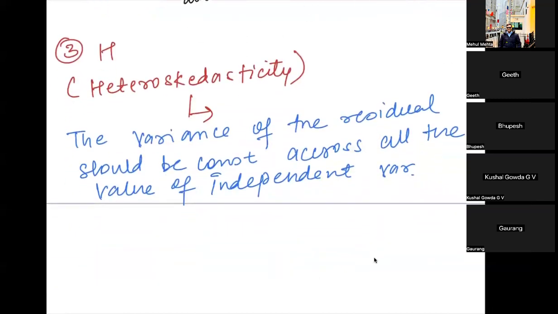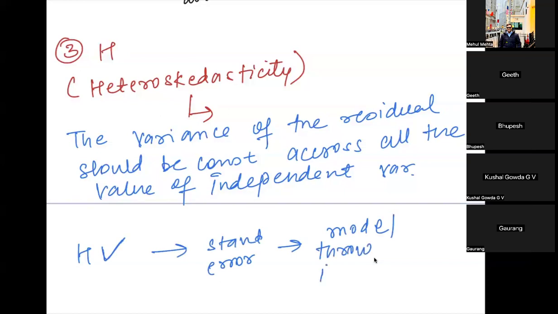See, if heteroscedasticity is present in your linear regression model, it will impact your standard errors. And if your standard errors get impacted, the model will throw incorrect results. We do not want this to happen.